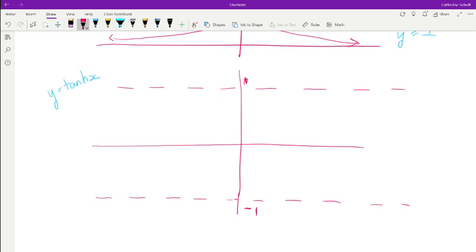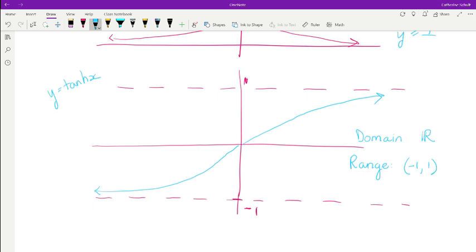And then we come in and we have something like that. Okay, and we can see it's an odd function. You can see by that symmetry. The domain is all real numbers, and the range is stuck between -1 and 1, not including them. So we need a soft bracket. Okay, so there you go.